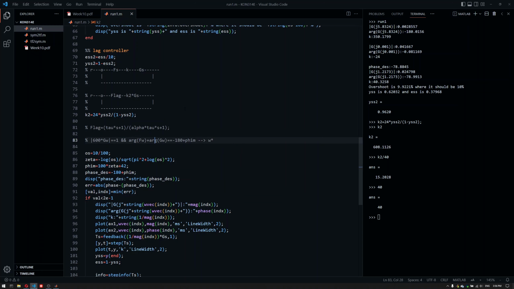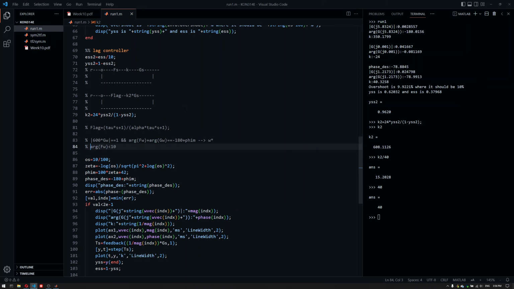So here, in order to be able to look up a certain frequency from the phase plot, I need an assumption. And again, my assumption is the following, that this argument is going to be less than or equal to 10 degrees. This is an assumption since this is a lag controller, this wouldn't work for a lead controller because the lag controller should not contribute any angle to the system ideally.